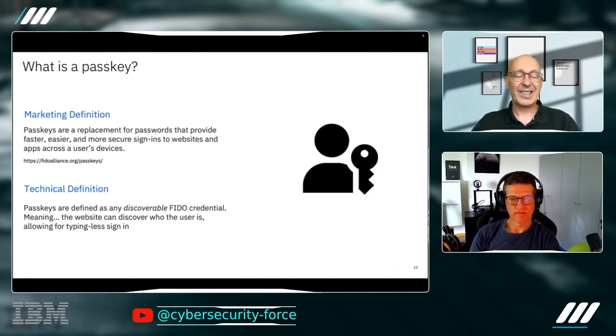So that's the technical definition of a passkey. Previously, this was called, by the way, a resident key credential, because the authenticator has this set of keys it can use. So it holds the private key together with the username that it belongs to and the domain for which it can be used.